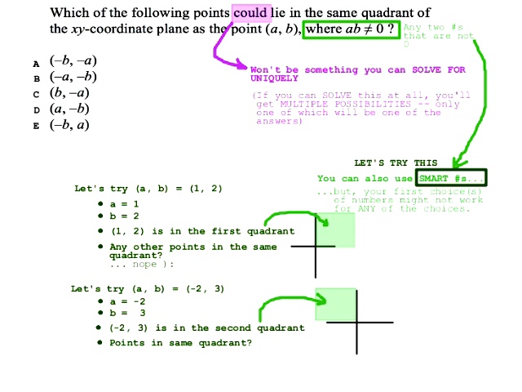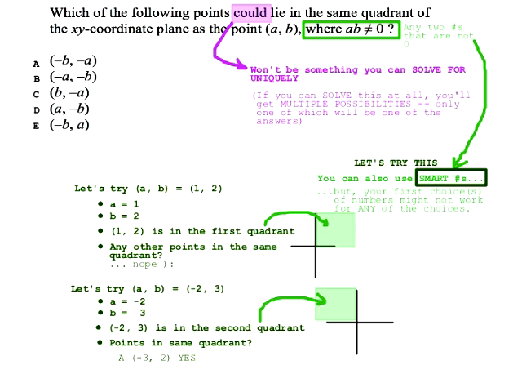Again, you've got to write this stuff down on paper. Even trying to juggle this in your head and mentally plug it into these choices will definitely get in your way here. So don't do it. Choice A is the opposite of B, so that's -3, and the opposite of A is +2. That's the same quadrant. We should plug in the others.